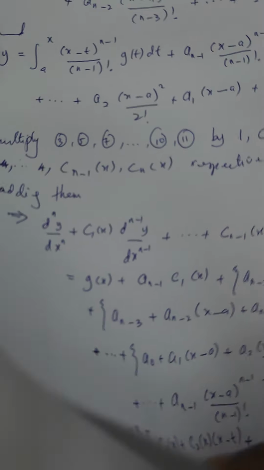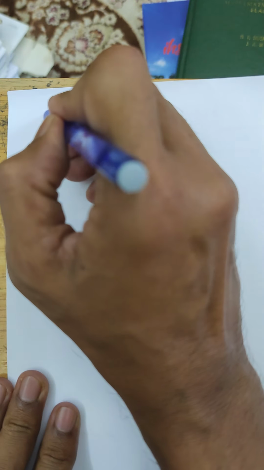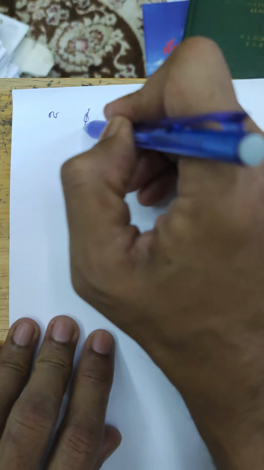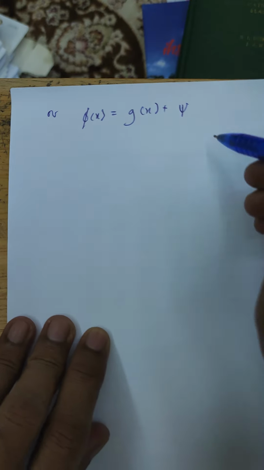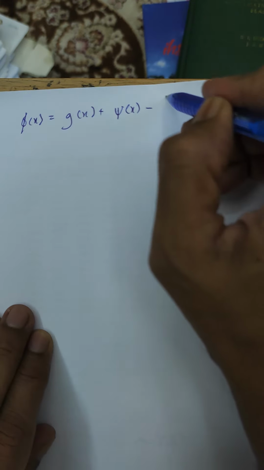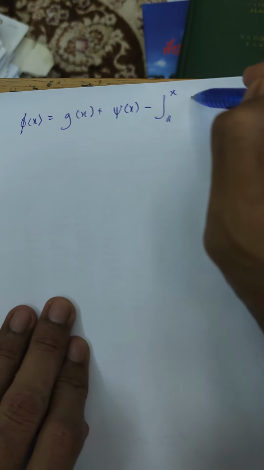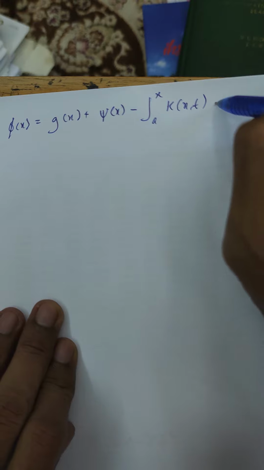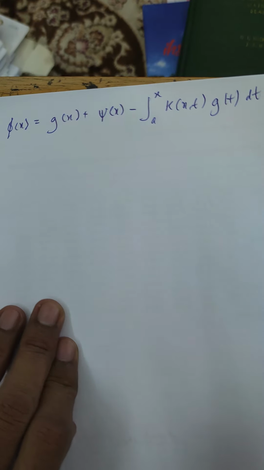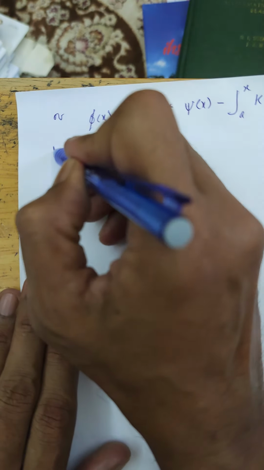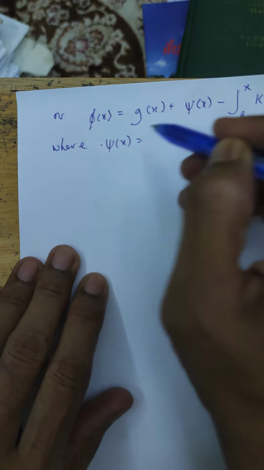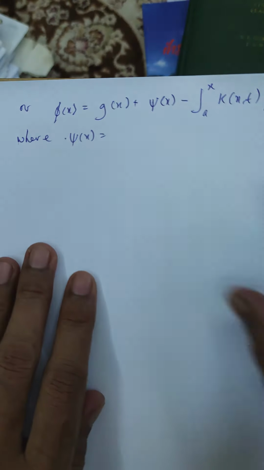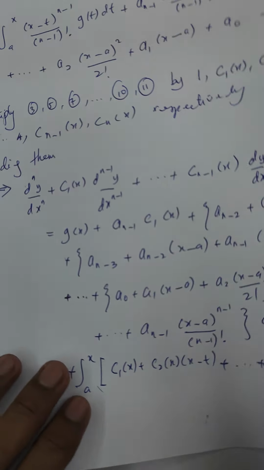So all this equation, if we take certain representation, we can write as phi(x) equal to g(x) plus psi(x) minus the integral from a to x of k(x,t) g(t) dt, where we take phi(x) as this part here.